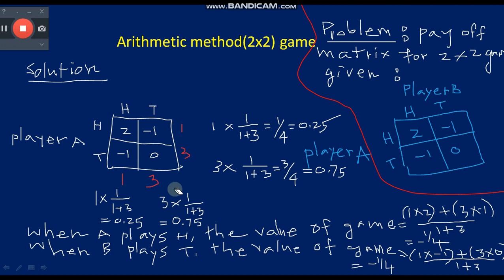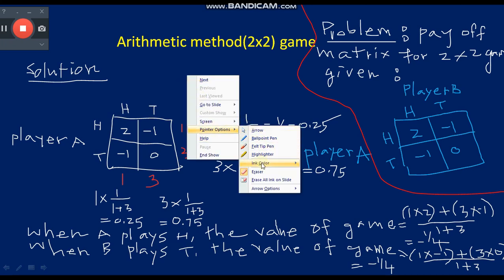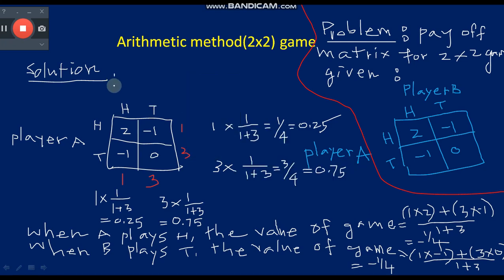Here player B has to be written, but it is not written there, so player B has to come here.